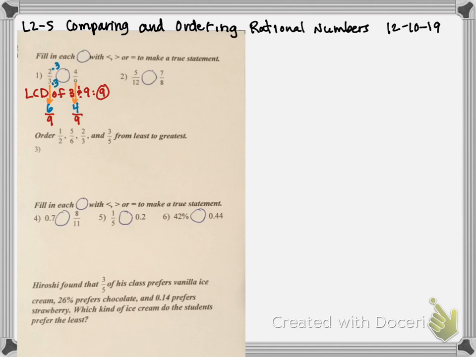Okay? Now, all I'm going to do at this point is look at the numerators, because that's the only place where something's different. And I notice that 6 is greater than 4. It's bigger. So that allows me to take that relationship and put it in the circle. 2/3 is greater than 4/9.